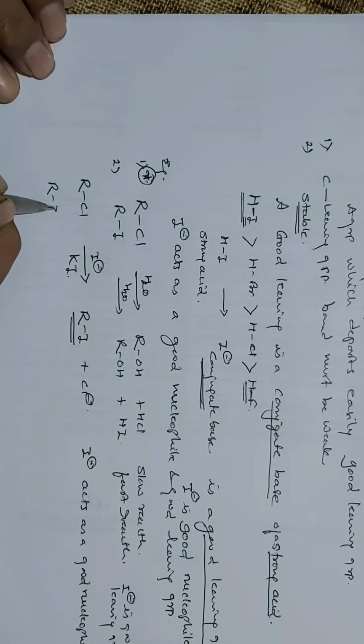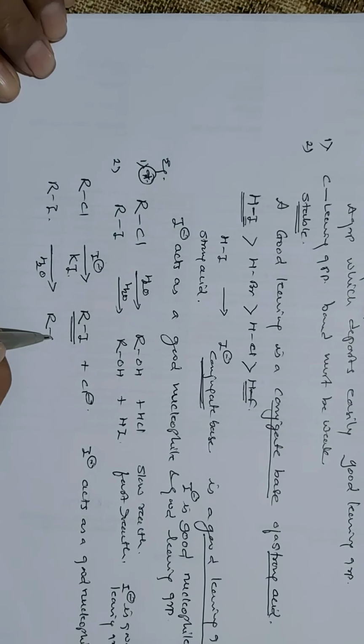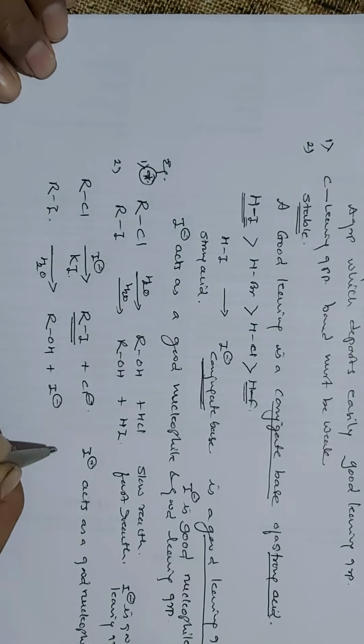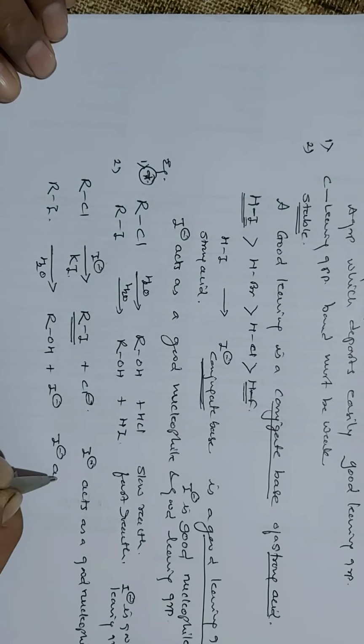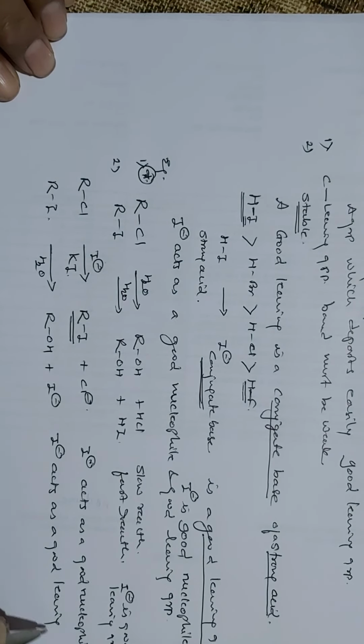And here again, if you carry out the hydrolysis of the alkyl iodide, the alcohol is obtained, and in this reaction I minus acts as a good leaving group.